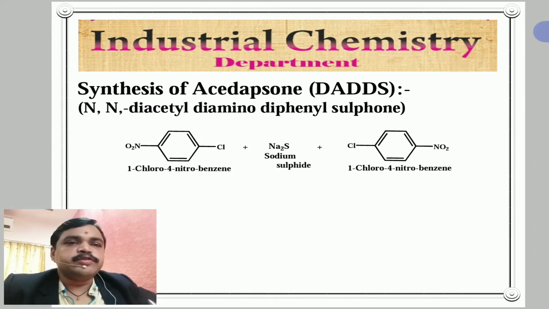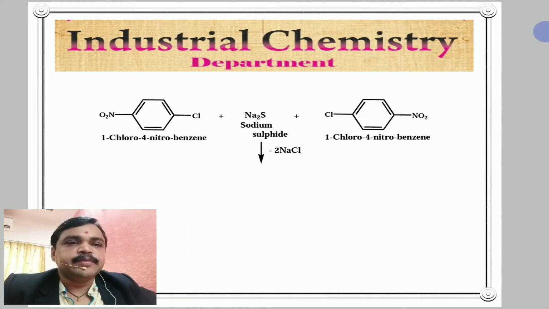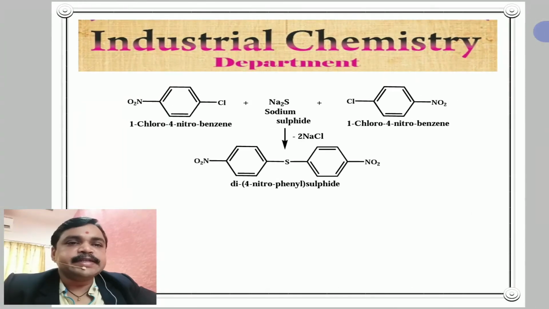parachloronitrobenzene. 2 moles of parachloronitrobenzene is treated with sodium sulfide as we described this reaction in Dapsone. So in this reaction 2 moles of sodium chloride is removed and we get di-4-nitrophenyl sulfide.